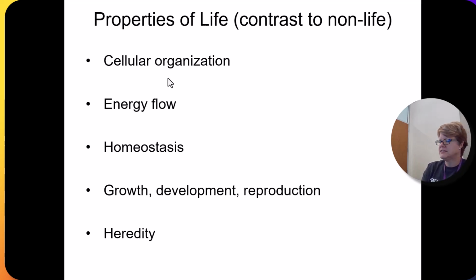Homeostasis is the organism trying to maintain some kind of constant environment. And then growth, development, and reproduction. All organisms grow, develop, and reproduce in some way. These are very general.